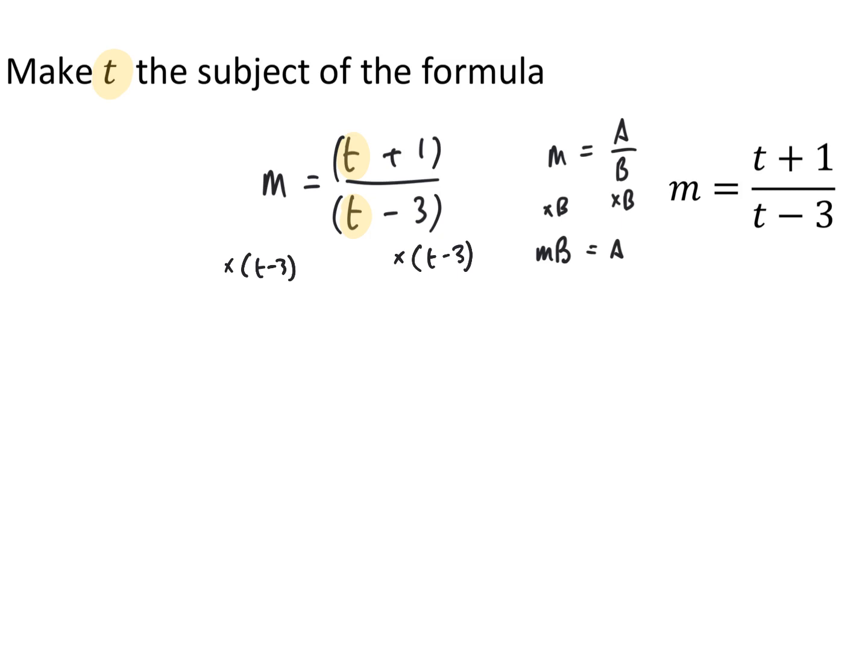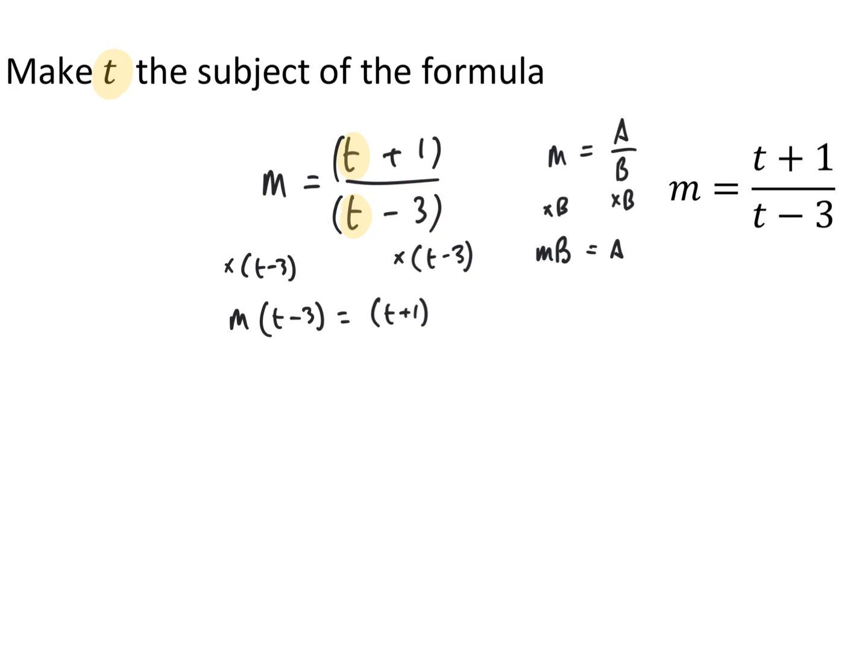On the left-hand side, I'm going to get m lots of t minus 3, and that is going to be equal to t plus 1 on its own, because the division and the multiplication are going to cancel each other out. And this is what an inverse is.